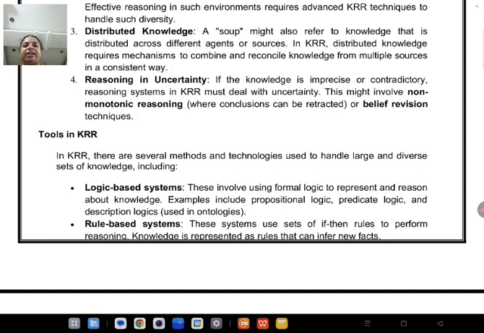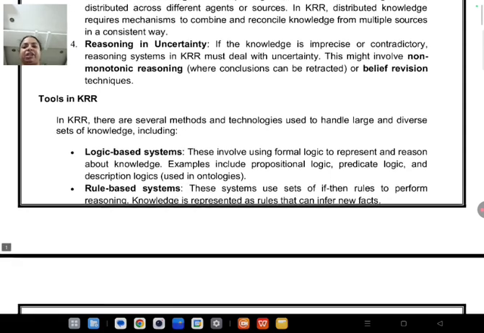Next is reasoning and uncertainty. Whenever we are not able to decide on particular information, we need to take a decision based on reasoning. For that we can involve non-monotonic reasoning and belief revision techniques.